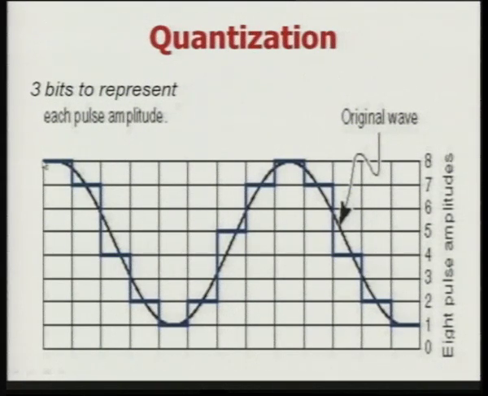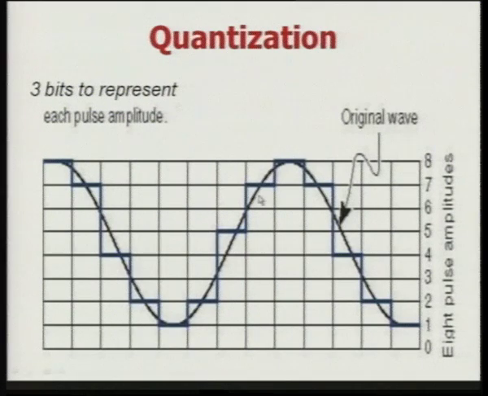It maintains a value of 8, then maintains a value of 7, then drops down, maintains a value of 4, drops down, maintains a value of 2, maintains a value of 1, then goes up to 2, goes up to 5, then goes up to 7, then goes up to 8 and so on. So, this is my original wave and this would be my sampled or discretized wave that I get after doing the sampling.